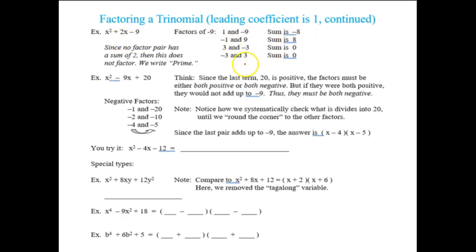The sum is always something else. And so since you cannot find any factors of the last number that add up to the middle coefficient, this does not factor, under the whole numbers anyway, so we say it is prime.